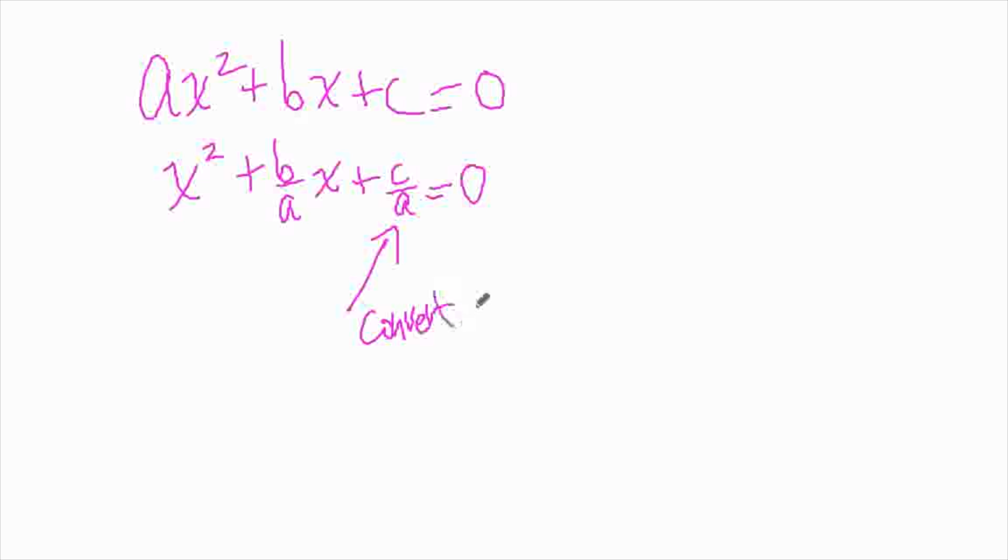What do you need to convert it to? You need to convert it to the square of half of the middle guy, so b over 2a squared. Okay, you could keep going down this procedure, doing the completing the square recipe, and you would notice that you would get a certain pattern, a certain form, and that would be the pattern that would work for all quadratic equations of this type, which are all of them.